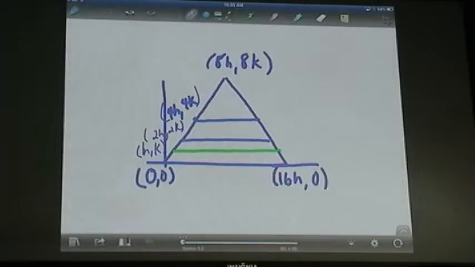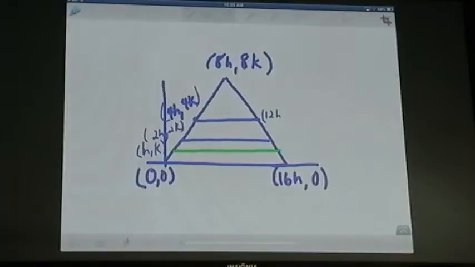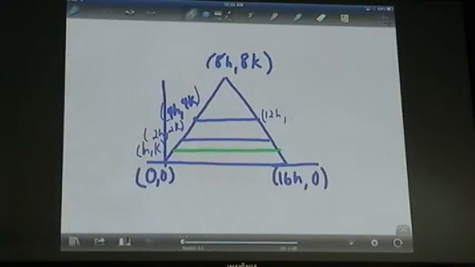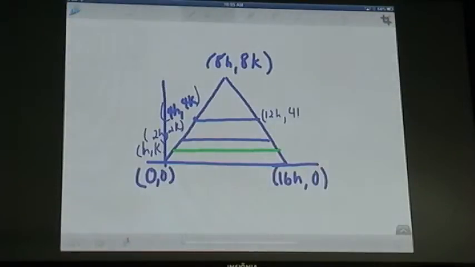And then over on the other side, for this coordinate, 8h plus 16h is 24h, so that would be 12h. And then 8k plus 0 divided by 2 is 4k.